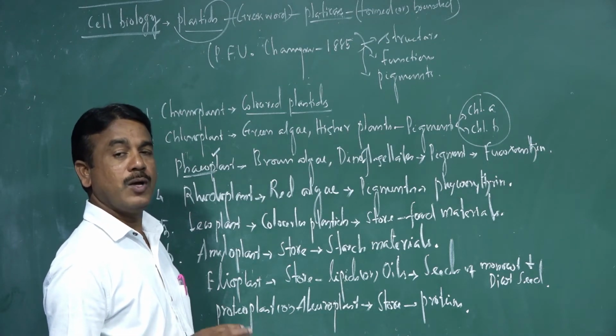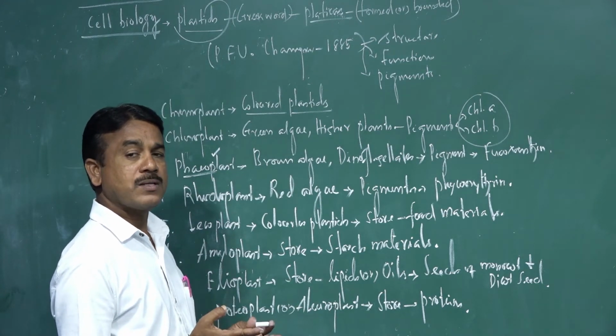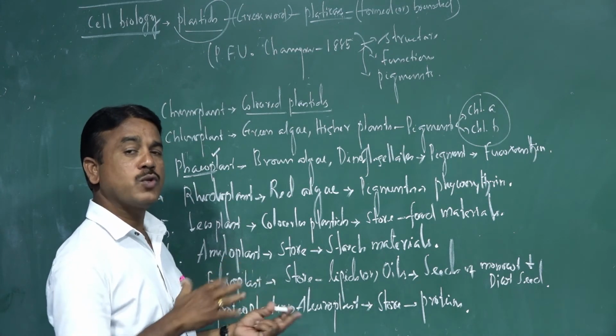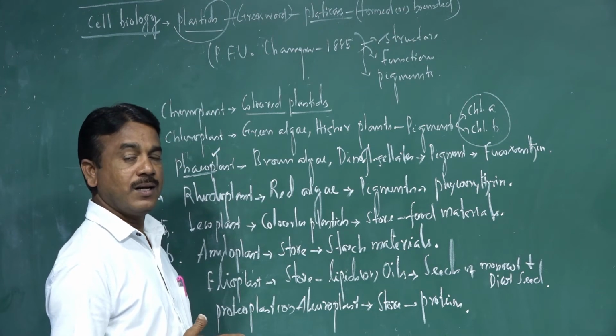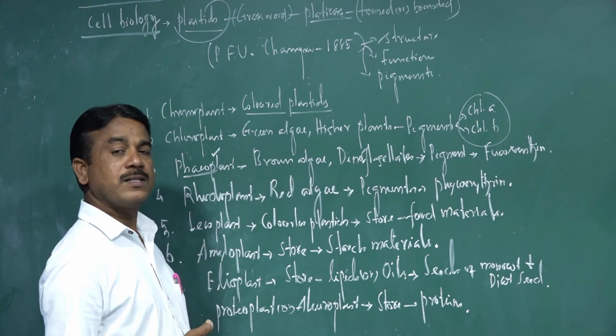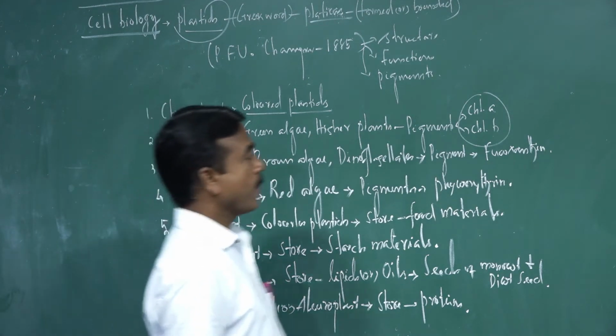For example, chloroplast to chromoplast, chromoplast to leucoplast, chloroplast to leucoplast, leucoplast to chloroplast. Among these, the plastid that can be deeply studied is the chloroplast.